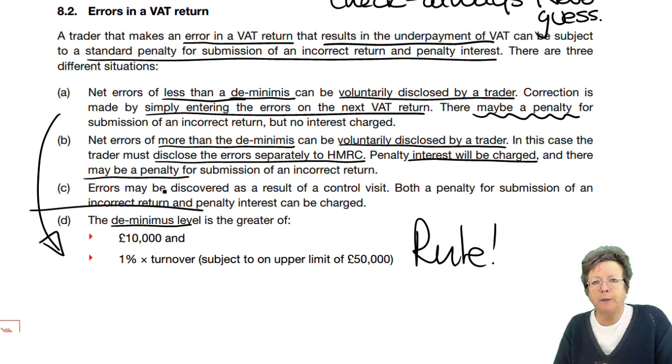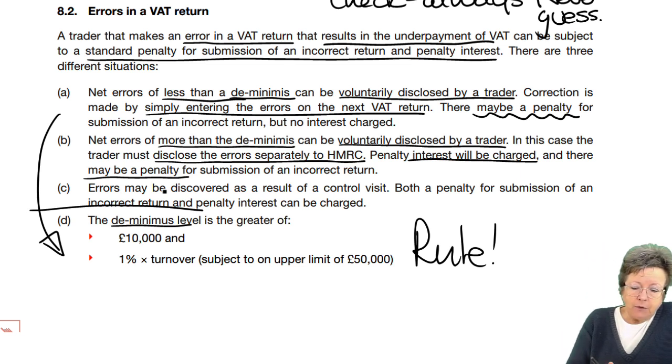You can argue penalties down, and in any situation I would strongly advise it. I've had that with a client of mine in the past where we've argued the penalty down. The revenue will always go for 100%, that you deliberately hid it, you deliberately didn't put it on, and you were never going to tell us. So argue the penalty down.